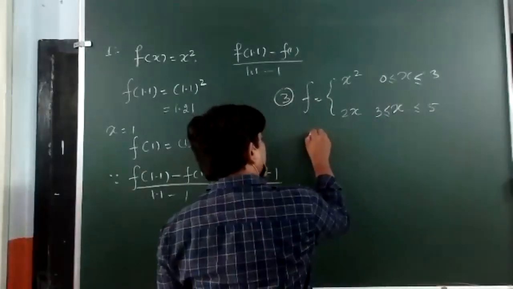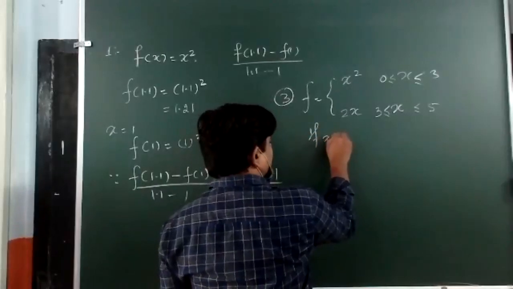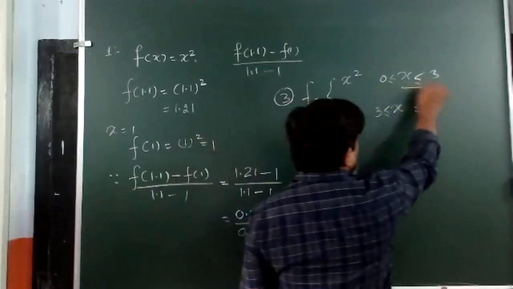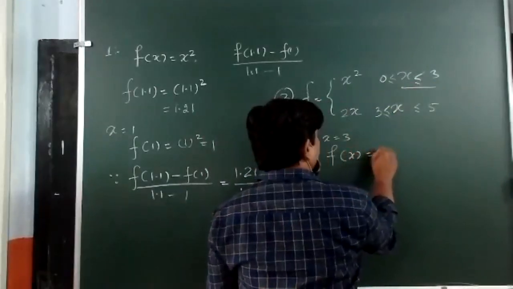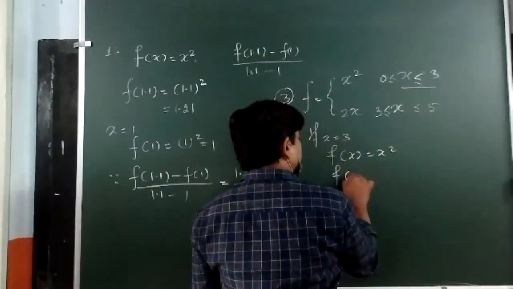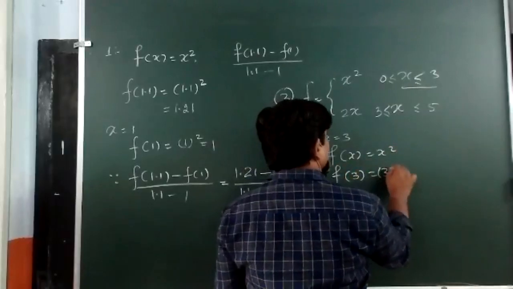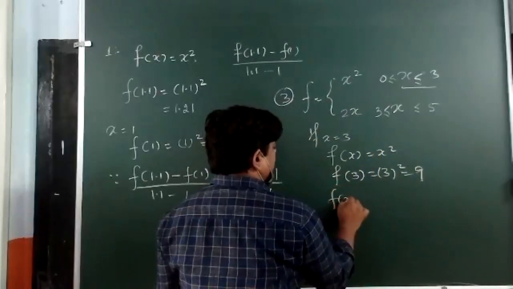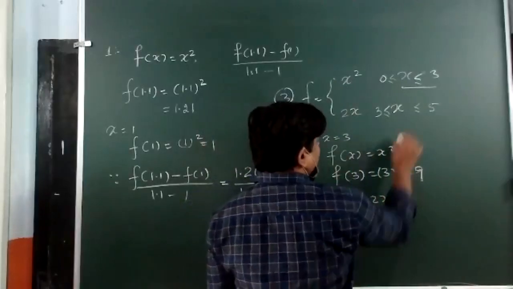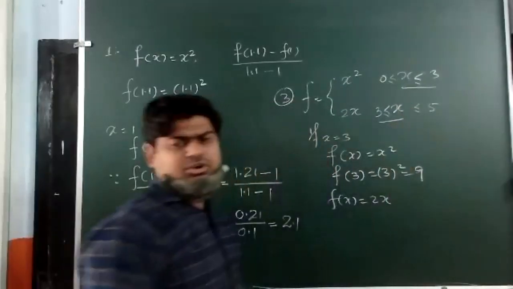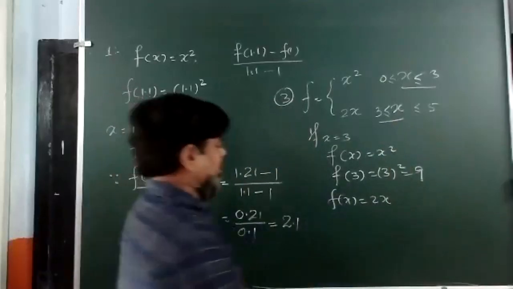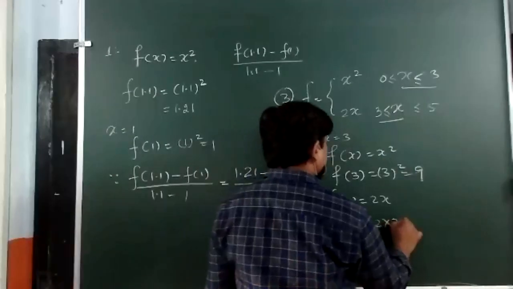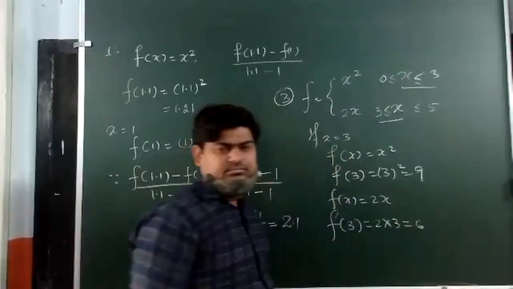If x is equal to 3, according to the first one, f(x) is equal to x square, so f(3) is 3 square, which is 9. At the same time, I may take f(x) equal to 2x, because for x equal to 3 this definition is also given, and f(3) is 3 into 2, which is 6.